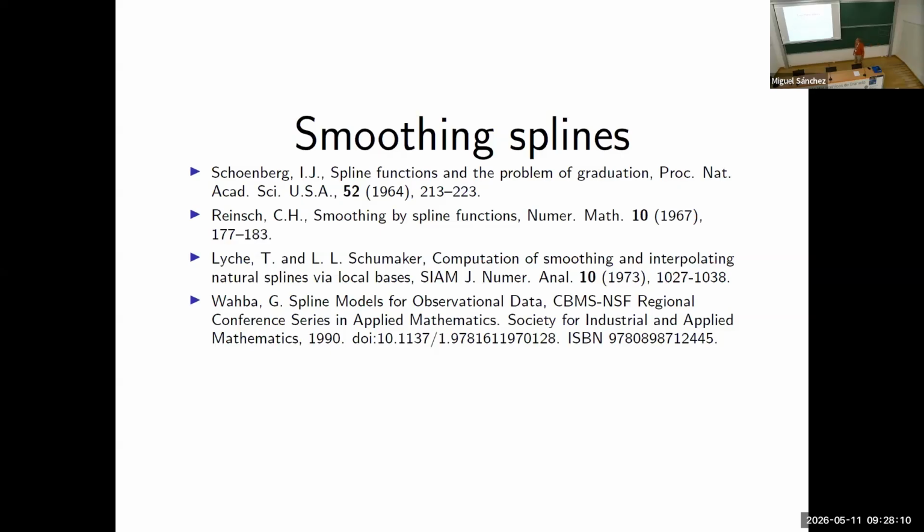There was an algorithm by Lyche in '67, and my first paper with Larry Schumaker, my supervisor, was written in 1973. This was using natural B-splines for computing smoothing splines. And I will also mention this book by Grace Wahba, which I'll come back to.